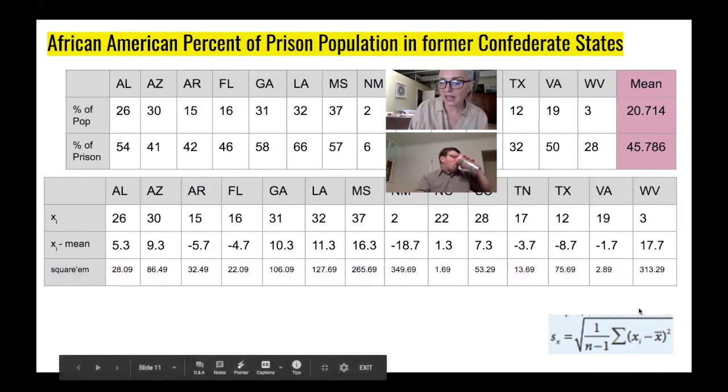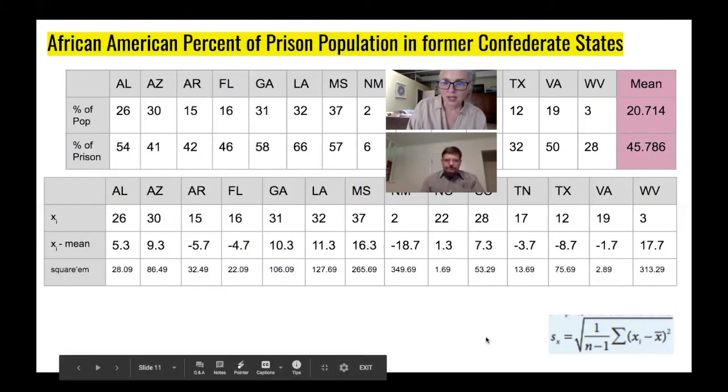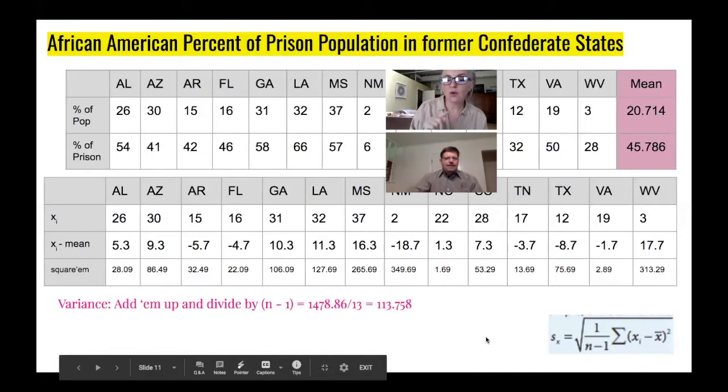Now, looking back at my formula, once I've squared the numbers, I sum them up and divide by n minus 1 in this case. There's a reason behind the n minus 1, but we're not going to talk about it. When I add up all these squared numbers and divide by n minus 1, I get 113.758.